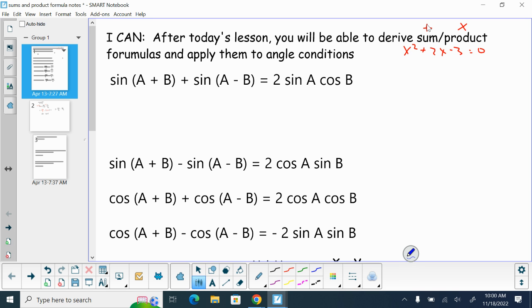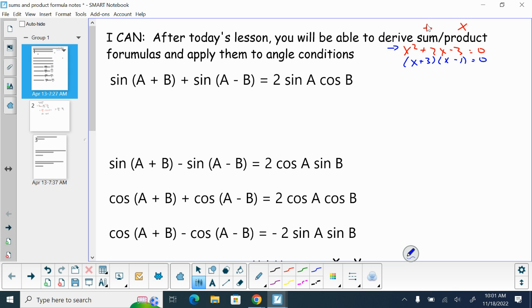But if I put it into the multiplication form, x plus 3 times x minus 1 is equal to 0, I can then solve the equation. I can say that x could equal -3 and x could equal 1. But in the addition form, we don't have techniques to solve the equation. So it's sometimes beneficial to take it out of the addition form and move it into a multiplication form.